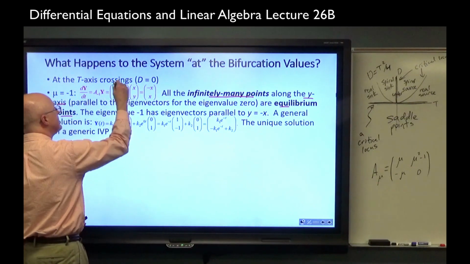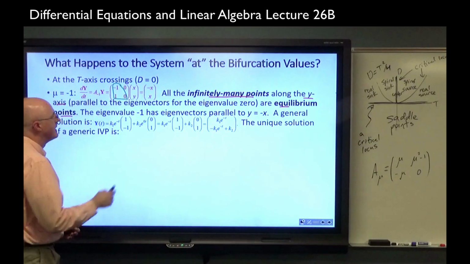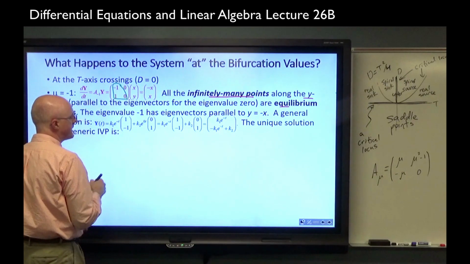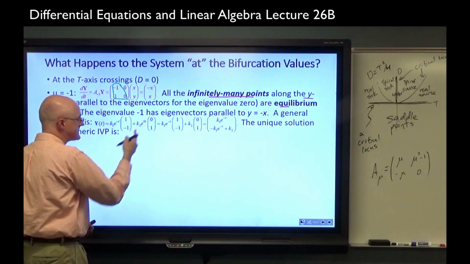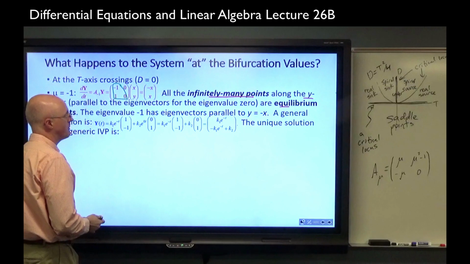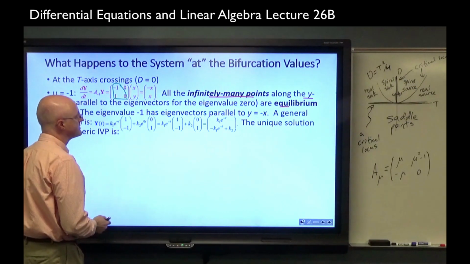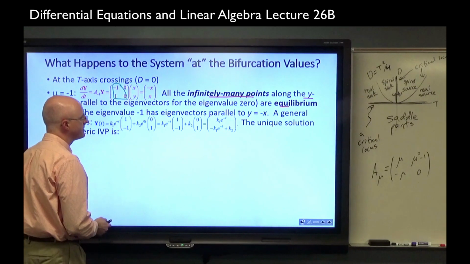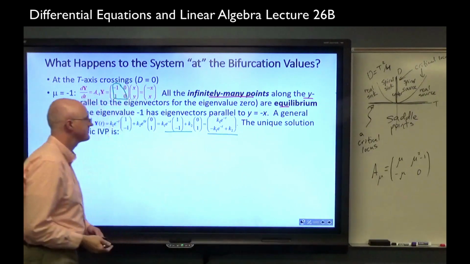Its eigenvalues are on the main diagonal. -1 is an eigenvalue. Plus k2, another arbitrary constant, times e to the lambda 2 times t. Lambda 2 is 0. We get e to the 0 times t, which is 1, no matter what t is. That's going to go away. And there's your general eigenvector 0, 1, or any non-zero multiple of that. Simplify, you can write it like this or like that.